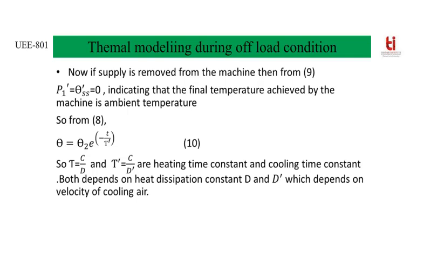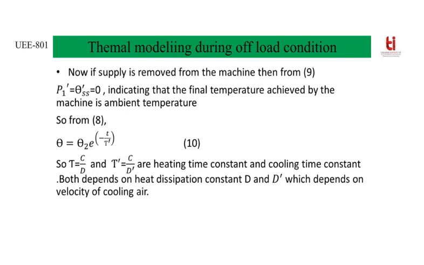So it is observed from thermal modeling of the machine during onload condition and offload condition that the heating time constant and cooling time constant both depend upon the specific heat of dissipation. Tau is equal to C by d and tau dash is equal to C by d dash. Now this specific heat of dissipation can be increased or decreased.